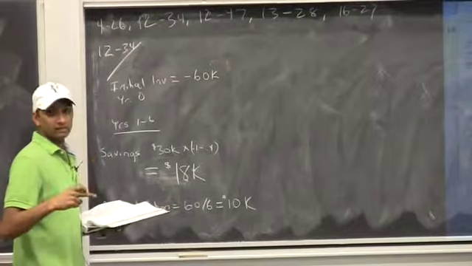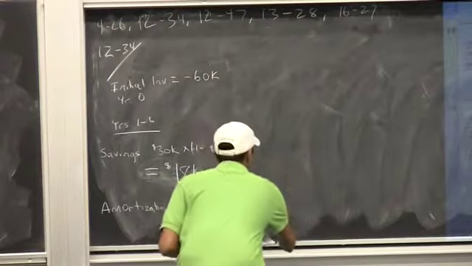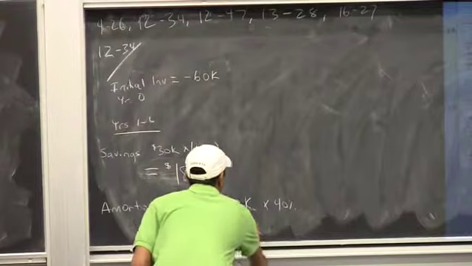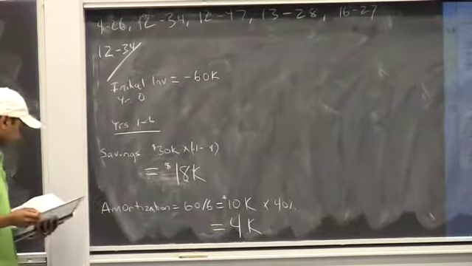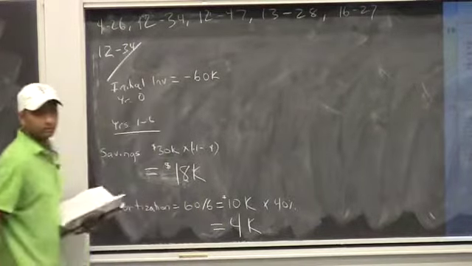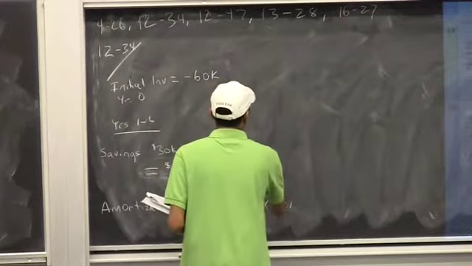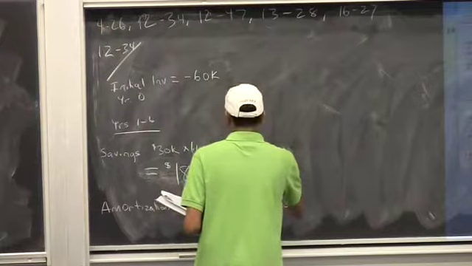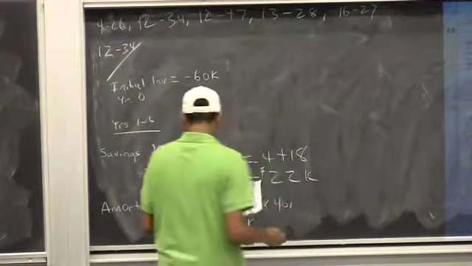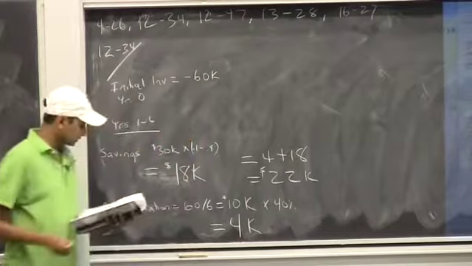So the tax effect, if you multiply that by 40%, that's 4K. So you've got savings of 18K and savings of 4K after tax. So you add that up, 4 and 18, 22, okay? And that 22K is for years 1 to 6.